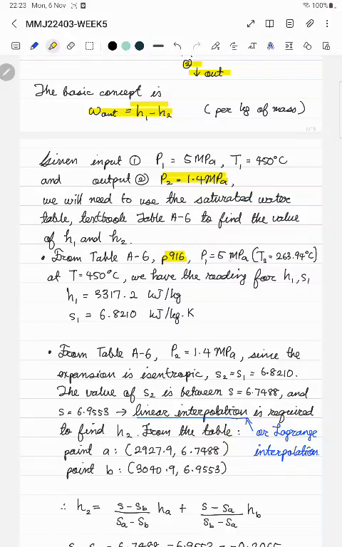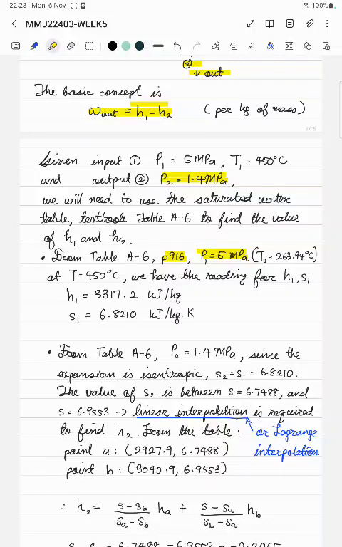If you sort at P equals 5 megapascal, you have the saturated temperature there. Simply put, if you put water under an environmental pressure of 5 megapascal, the boiling point, that is the saturation temperature, will be 263.94 degrees Celsius.